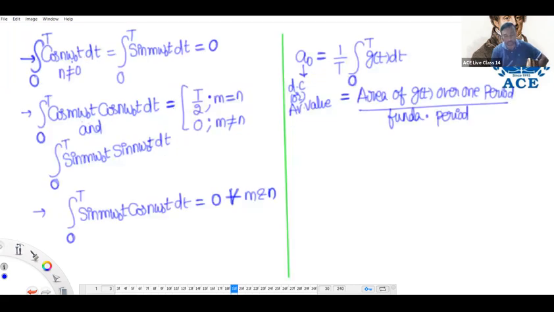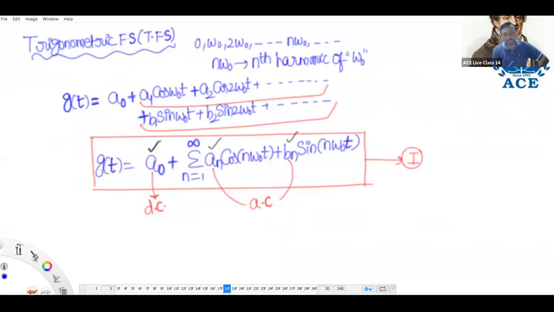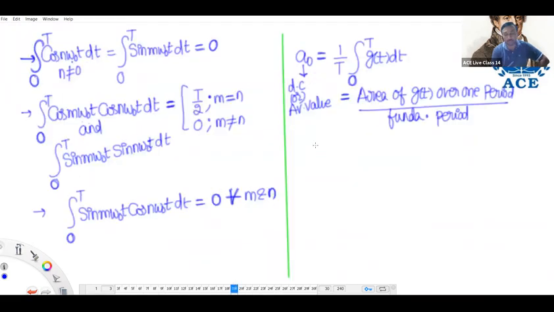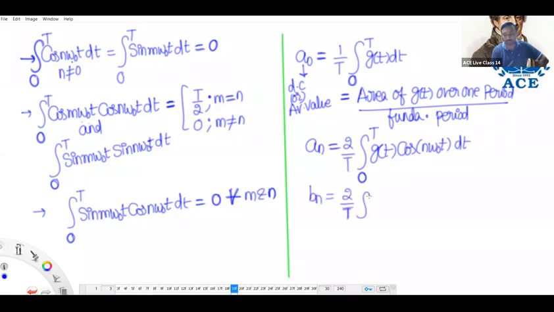T by 2. Sine into cos integration becomes 0. That will retain an as 2 by T integral 0 to T g of t cos n omega naught t dt. An contains cos, so what is the change for bn, sir? An contains cos, so bn contains a sine term.